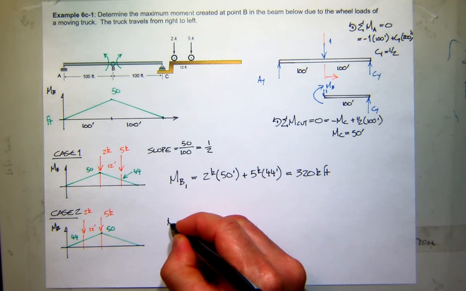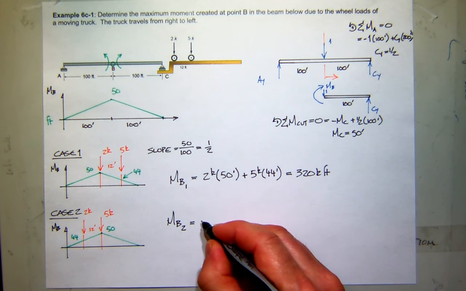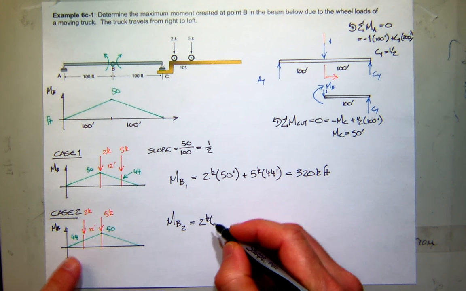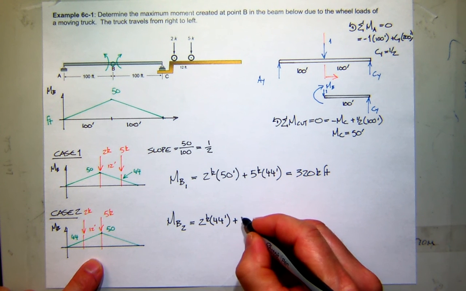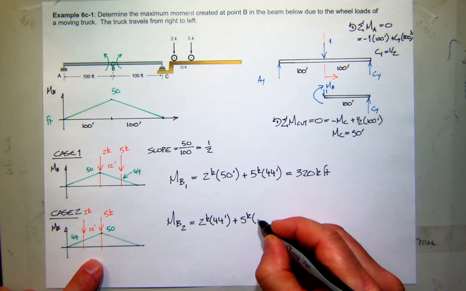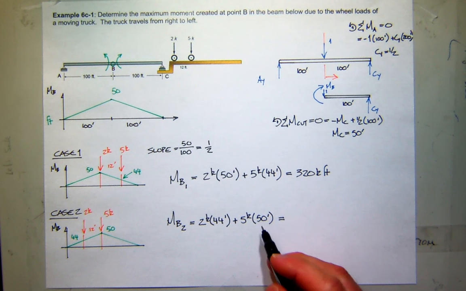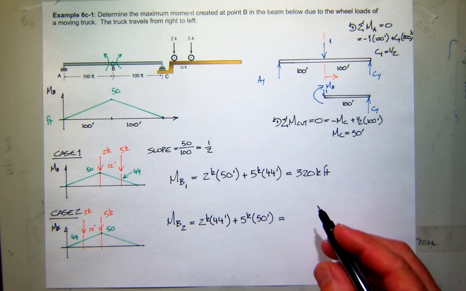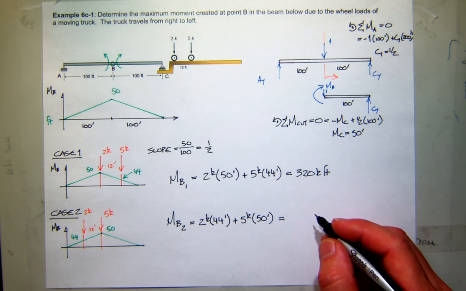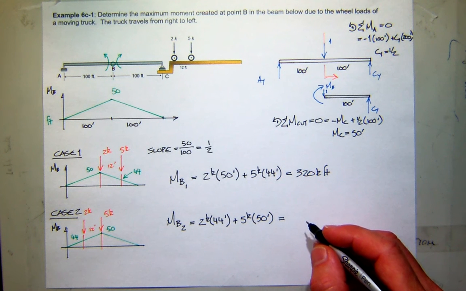So now the moment at B for case 2 would be my 2 kip force times 44 feet plus 5 kips times 50 feet. So this is 250. This is 88. That's an odd number for me to try to add up. What's 250 plus 88? 348?